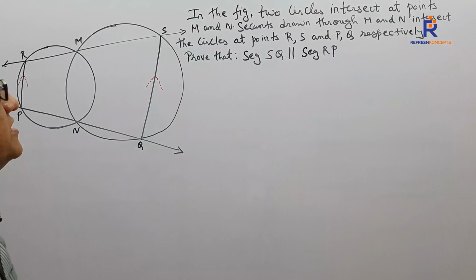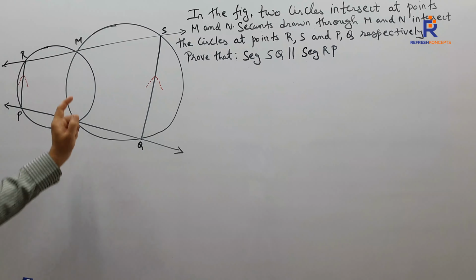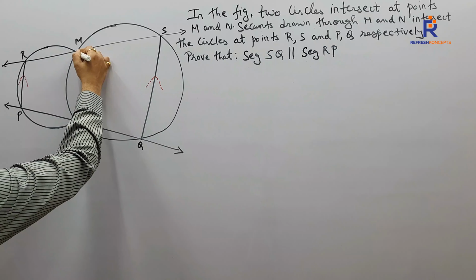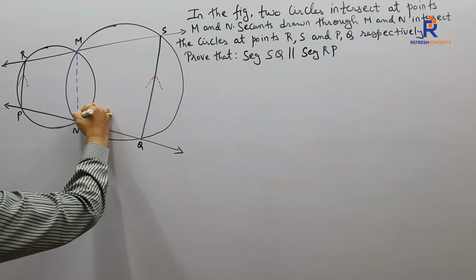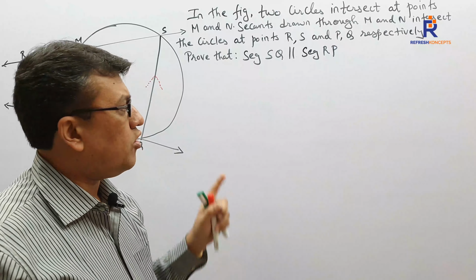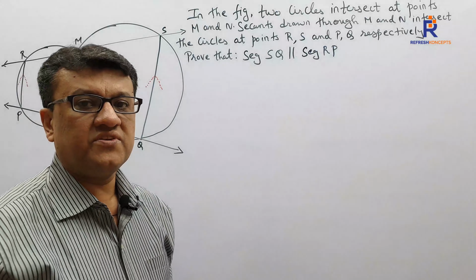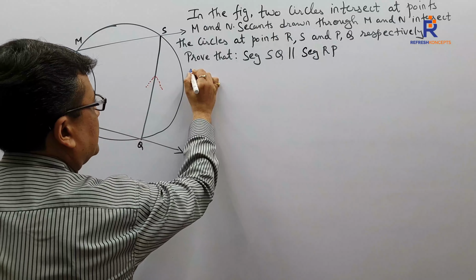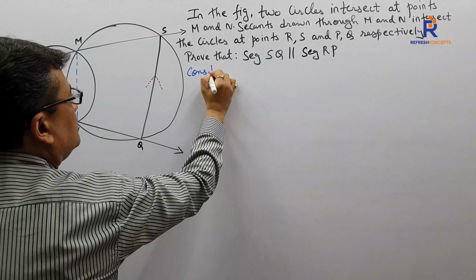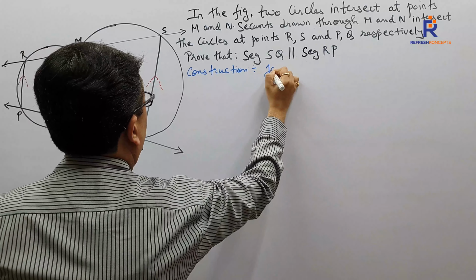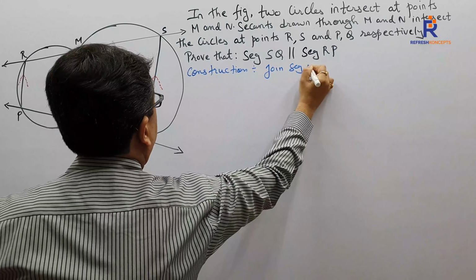Right? Let's proceed. So what I'm supposed to do is, I need to join MN. That's what the construction will be. Join MN. So if you want, you can write that as construction, or in the first statement of your proof you can write, join MN. If you want, you can write under construction, join segment MN.